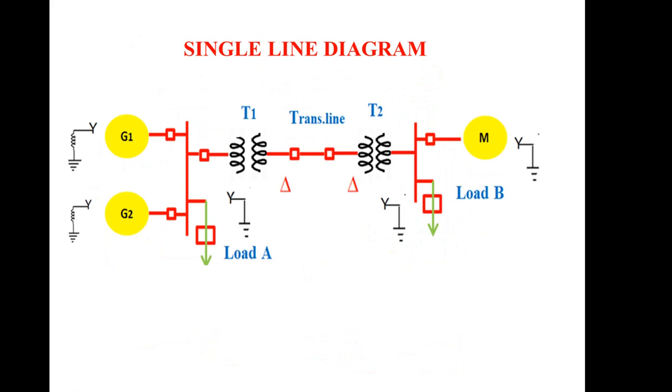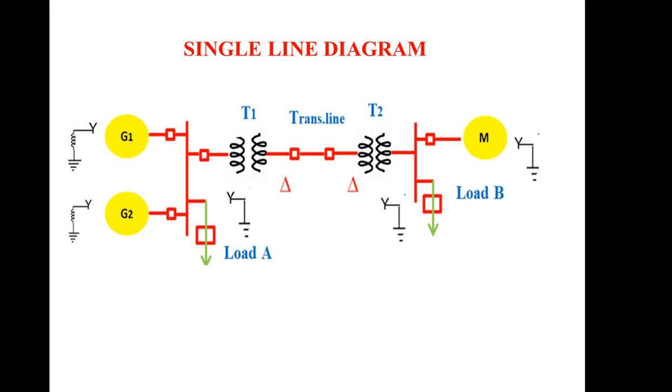If the single line diagram is given in diagram representation, or if the question gives full data, for example 300 MVA, 20 kV in line, we have to first draw the single line diagram from the given question.